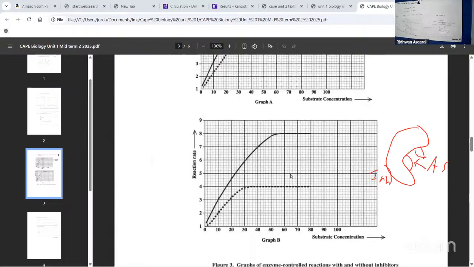That change in the active site stops more substrate from entering. So no matter how much you increase the substrate concentration, it's not going to change back the shape of the enzyme. So the rate of reaction would stay low, because the substrate can't fit into that active site.